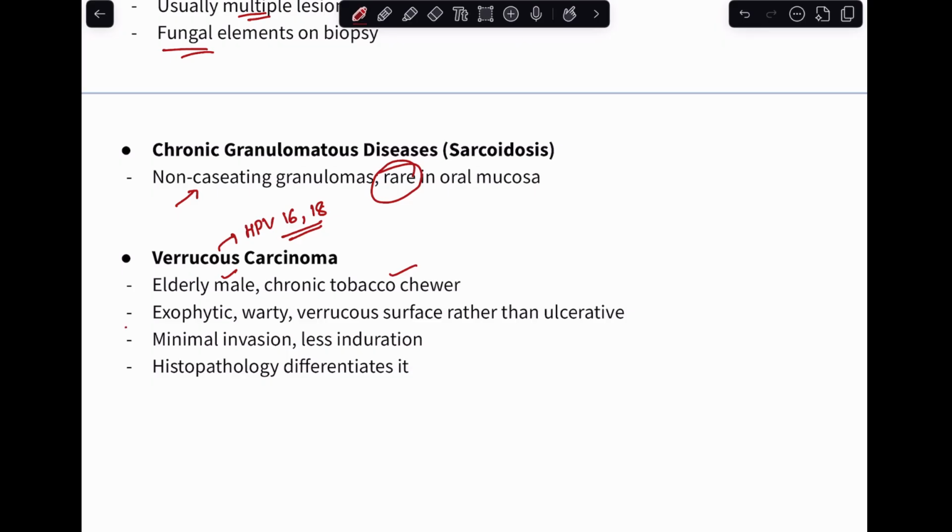Verrucous carcinoma would have a more exophytic, warty surface rather than an ulcerative surface. There will be minimal invasion and less induration, and histopathology will help you in differentiating them. So these are our different differential diagnoses for our case, but our most likely scenario is still a malignant ulcer than any other cause.